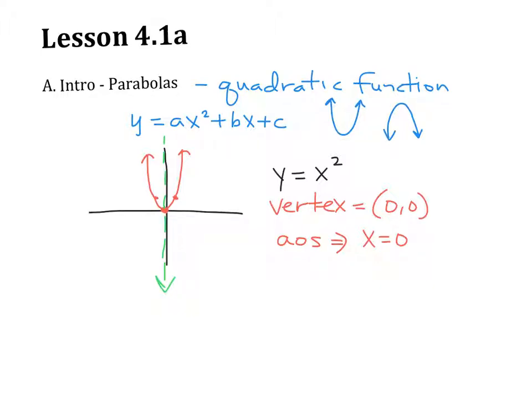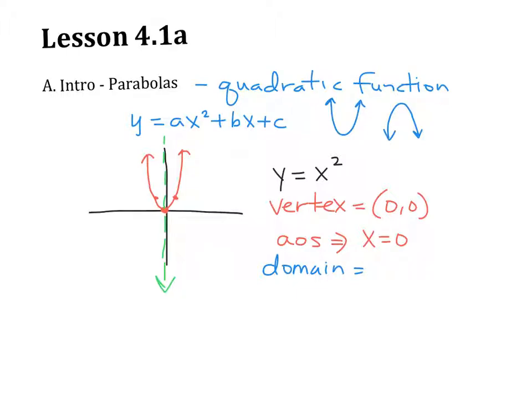With that parent function, do you know what the domain would be? Do you remember what domain is? Domain means what are the possibilities for your x values, right? So here's the thing. The arrows on the end mean they keep going, right?